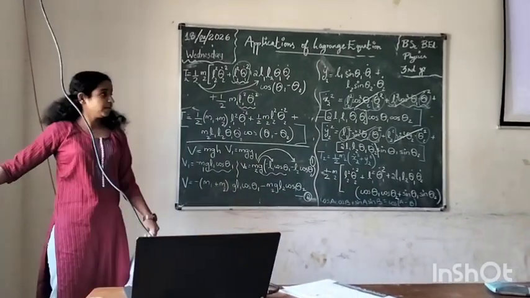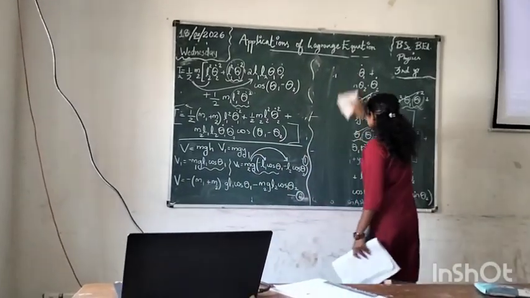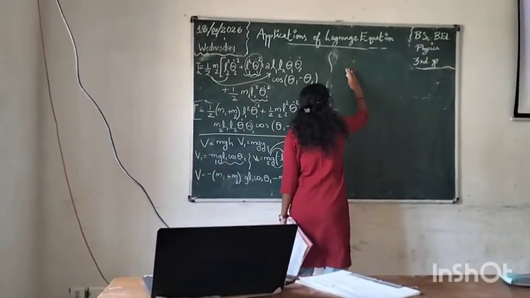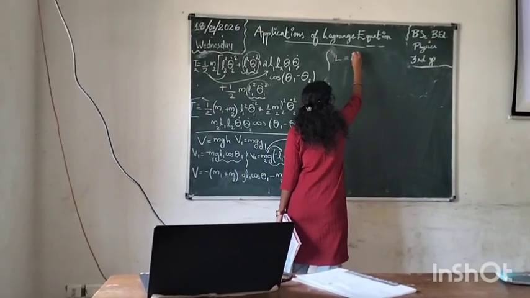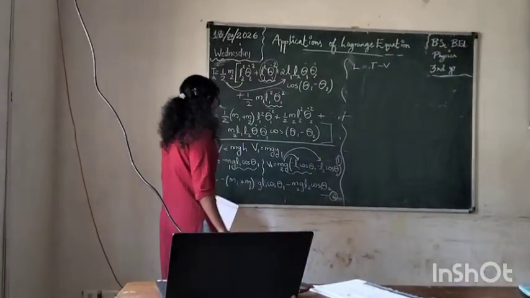Now we have to put this in our equation, L equals T minus V, and T is here and V is here.